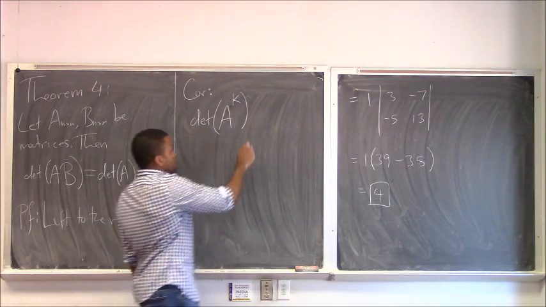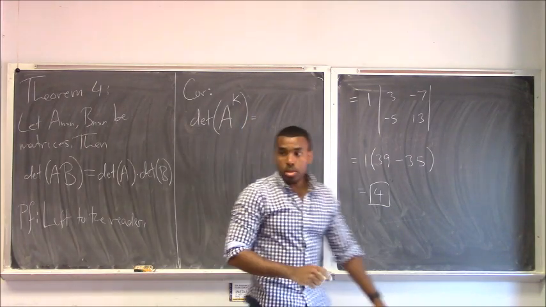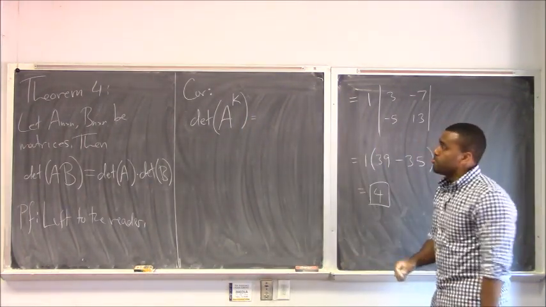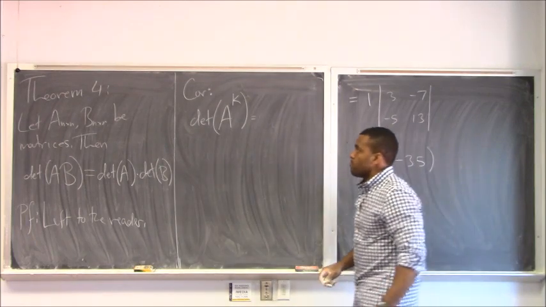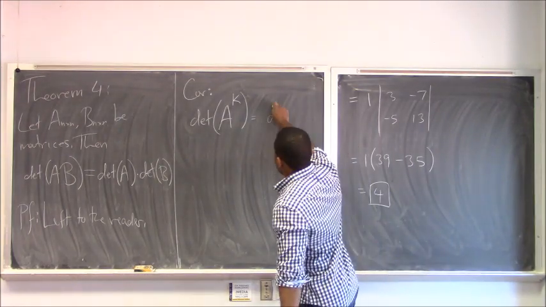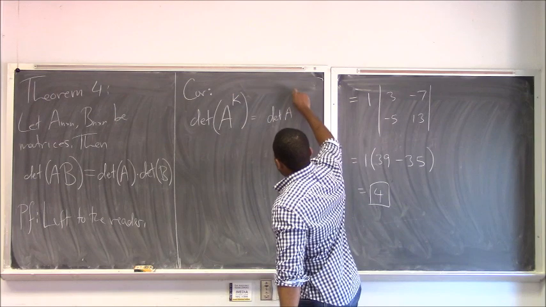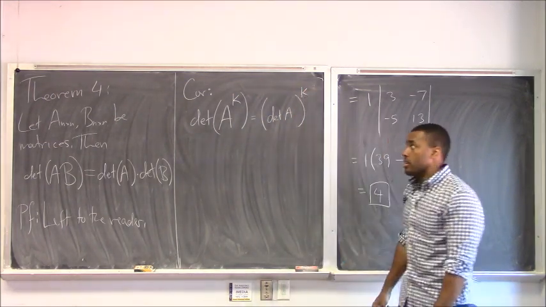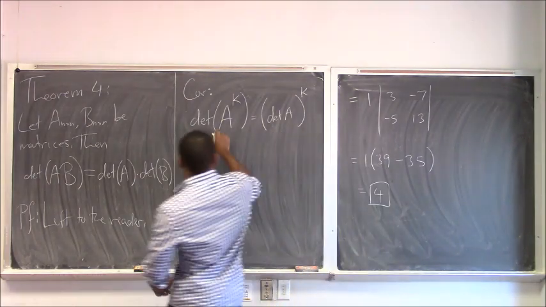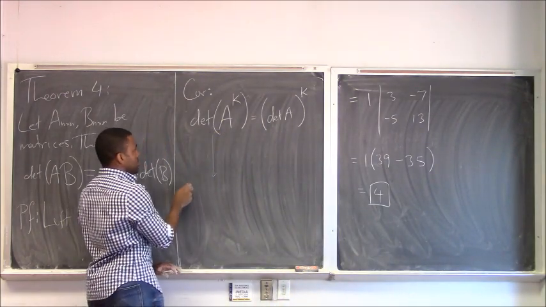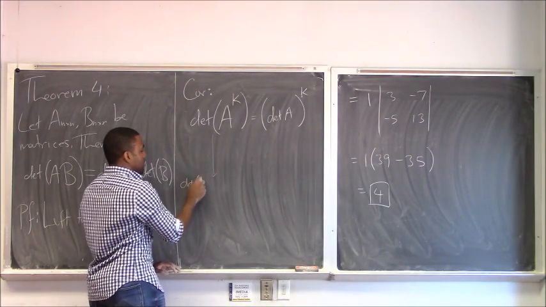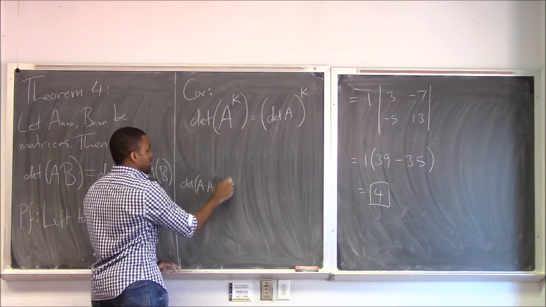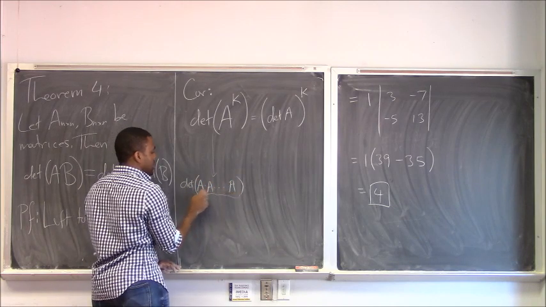It turns out it will be, what will it be? The determinant of A to the power of K. Right, it's the determinant of A, and just take that and raise to the power of K. Right, because this guy is going to be just the determinant of A times itself, K times.